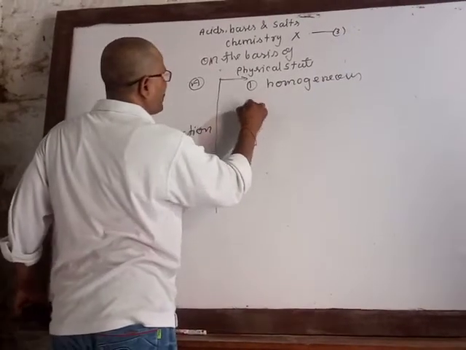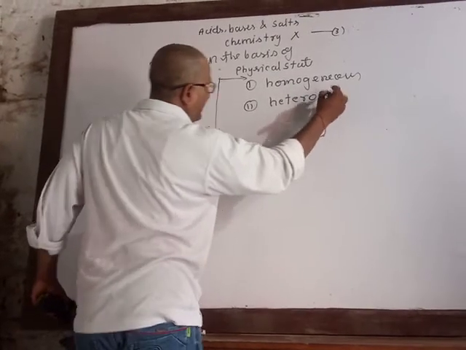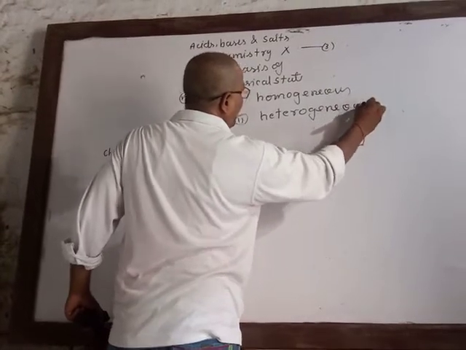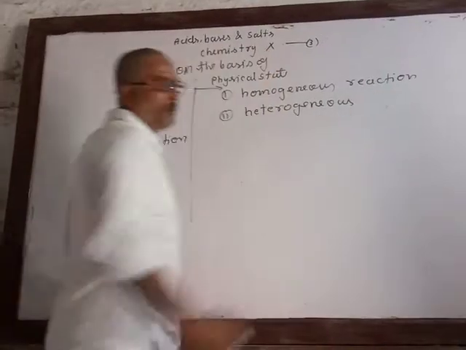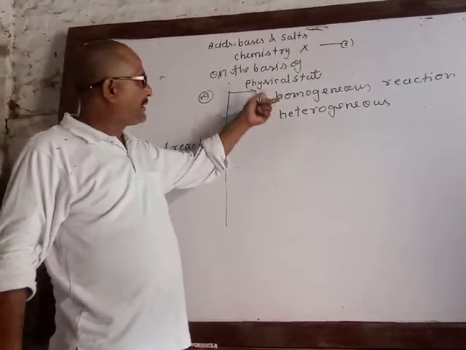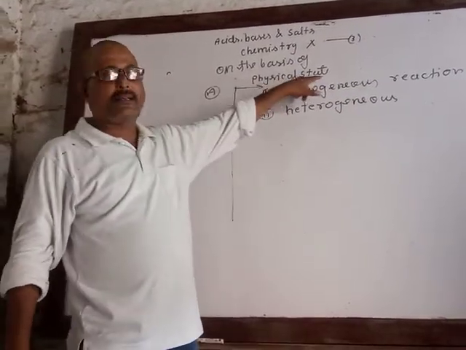Second one, heterogeneous reaction, not mixture. You have studied already about homogeneous mixture and heterogeneous mixture, but here homogeneous reaction and heterogeneous reaction are on the basis of physical state.